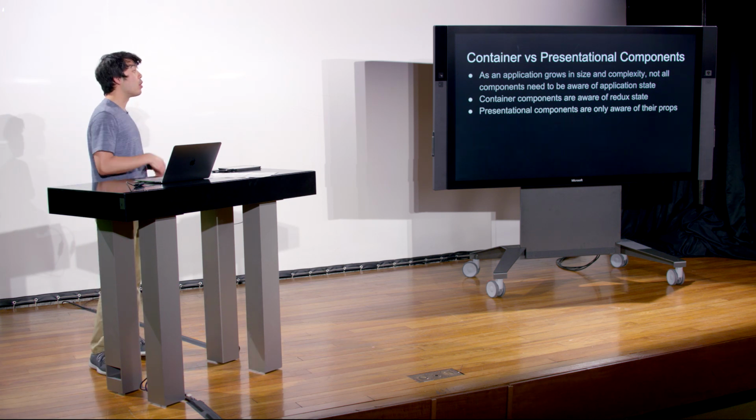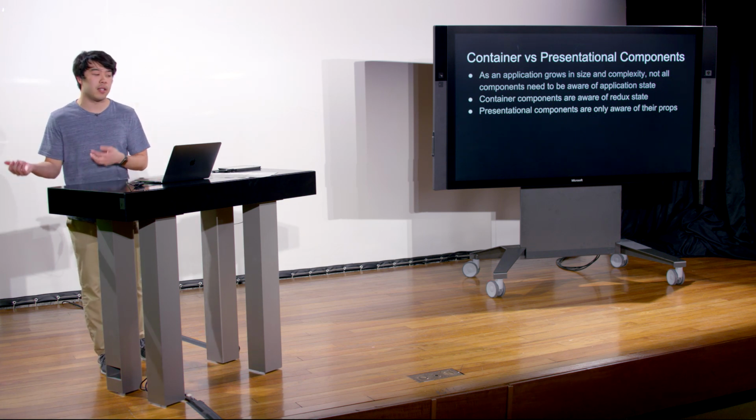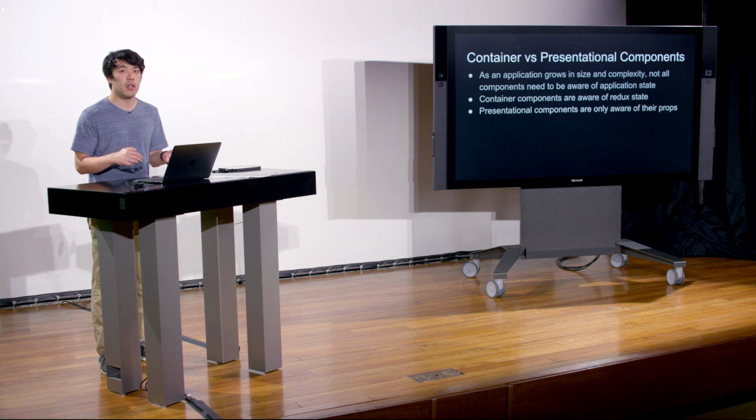And as our application grows in size and complexity, we probably don't want every single class to be listening to our application state. And likewise, we don't want every single component to just wait for the props that are passed down, because that was part of the reason that we moved to Redux in the first place. And so we need to figure out a way to do this.